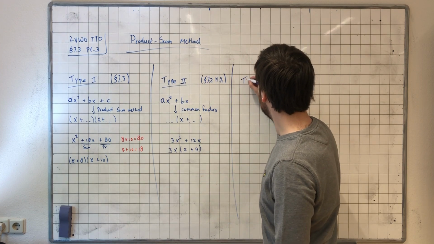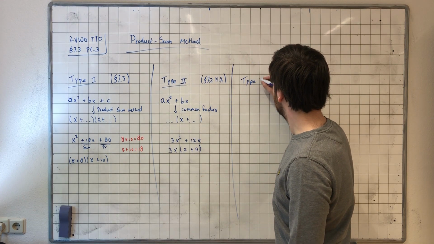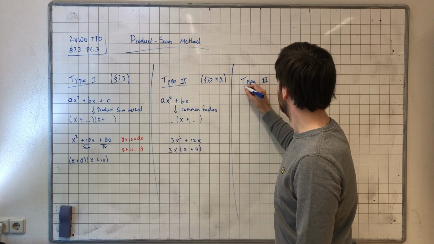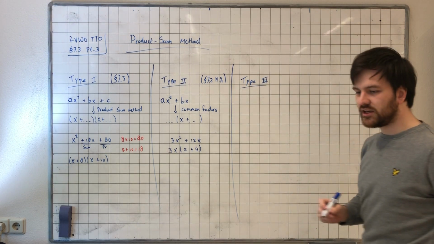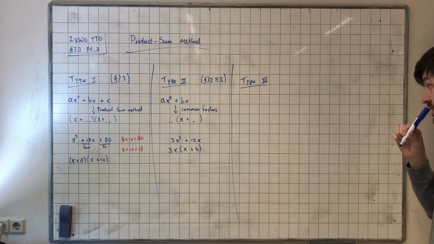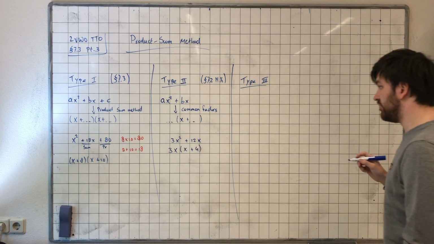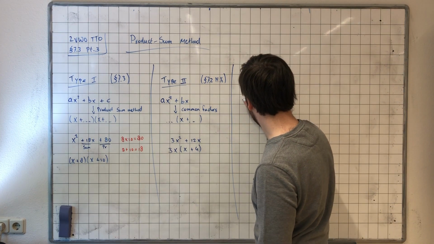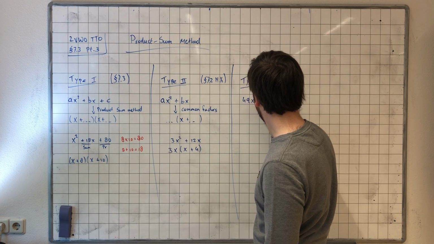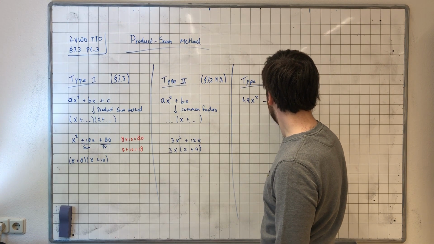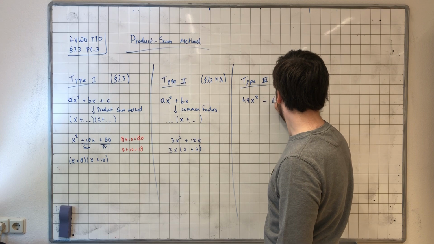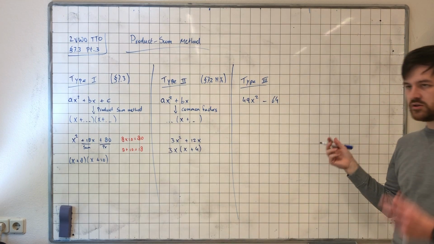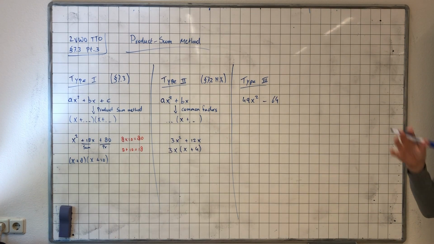Then there's type 3. It's actually the least common one, but you have seen it before. It's when you have, for example, 49x squared minus 64. If you have something like this, you're trying to take the square root of both terms.